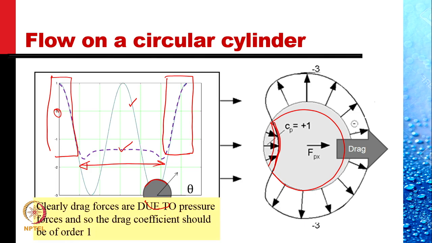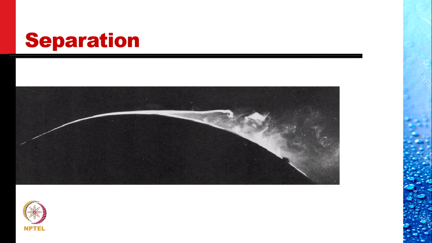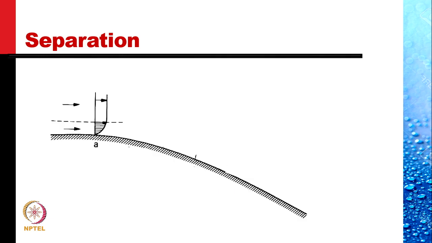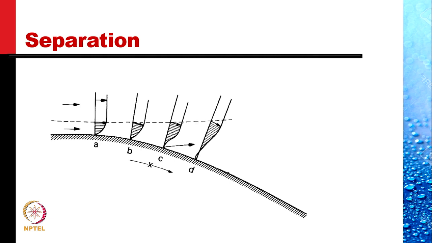You have clearly the drag forces are due to pressure forces, and so the drag coefficient should be of order 1. What is happening? Separation. This separation changes the flow picture drastically, and the separation occurs because of the flow reversing near the wall because of viscous action.